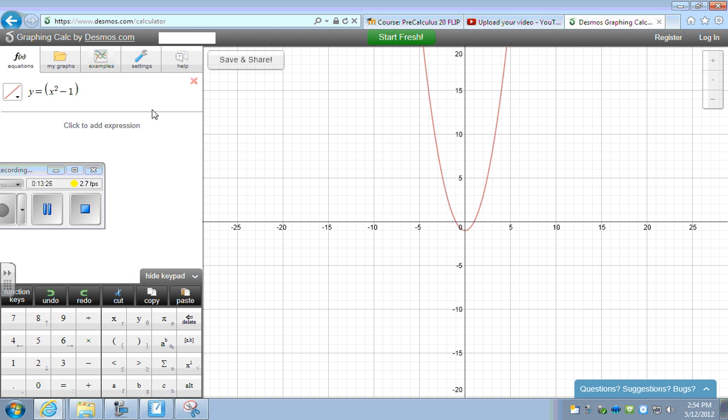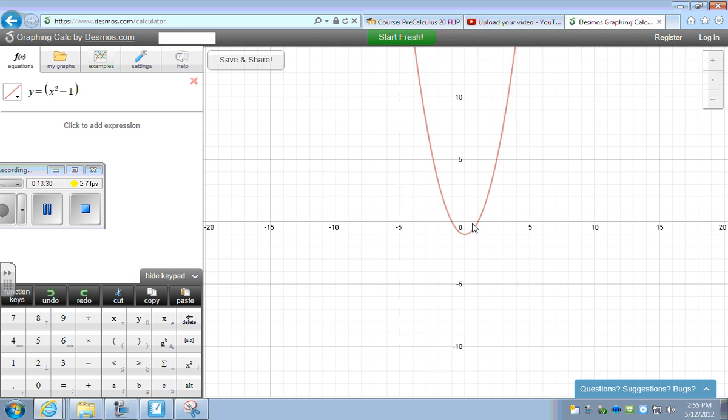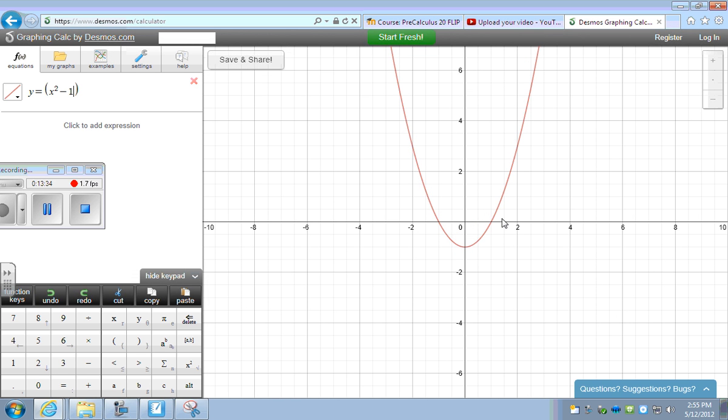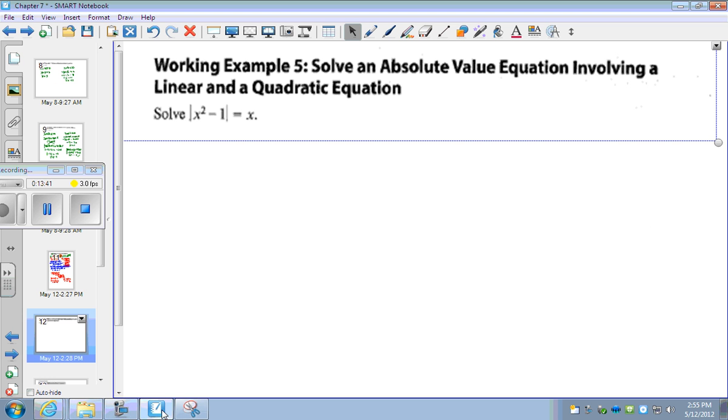They should be at plus or minus 1. So those are the cases. This is when we have to worry about it being reflected, okay? So that's at negative 1 and positive 1.